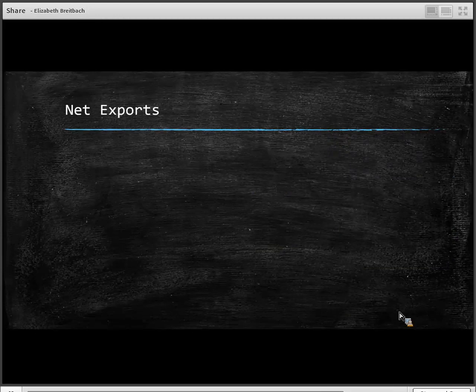All right, so net exports. Sorry, I'm not sure if I said that we're subtracting out exports. We're adding in exports. So we're taking our GDP and we're adding in exports. Exports are goods that are produced within the borders of the United States, but then consumed abroad.